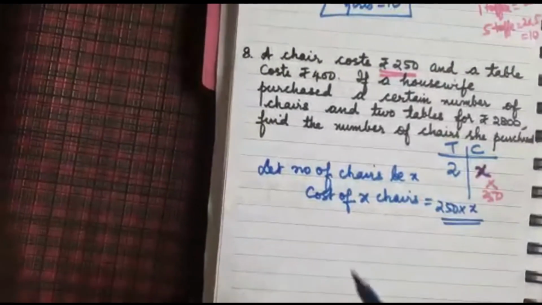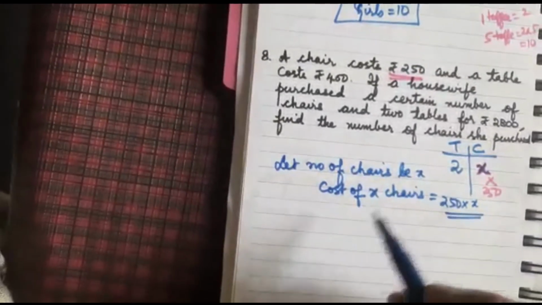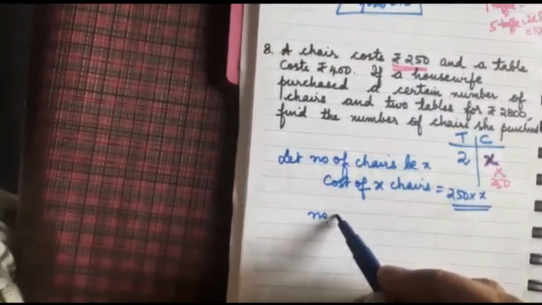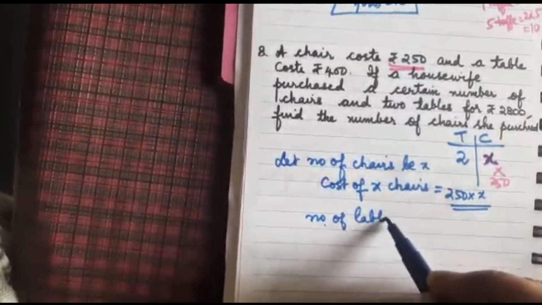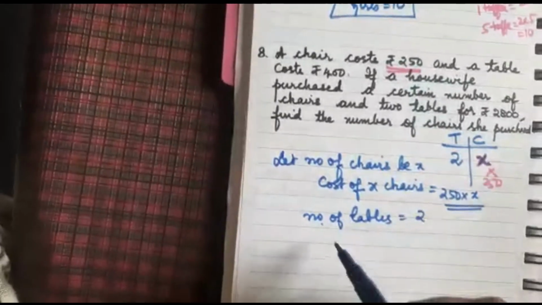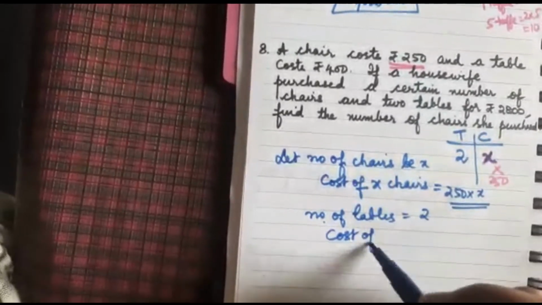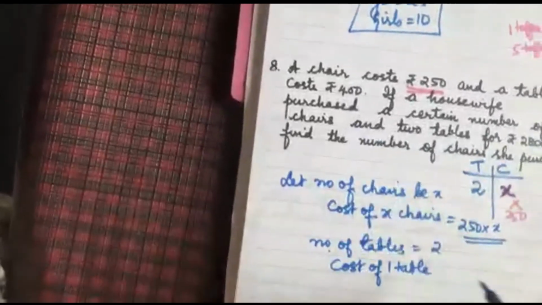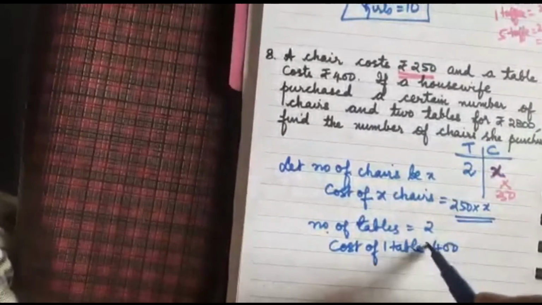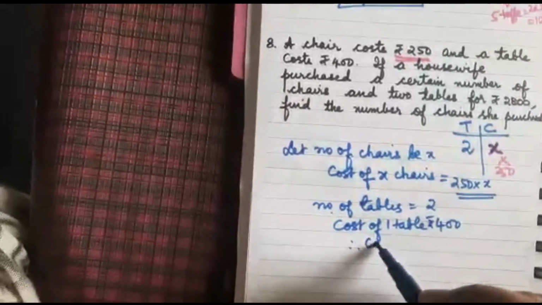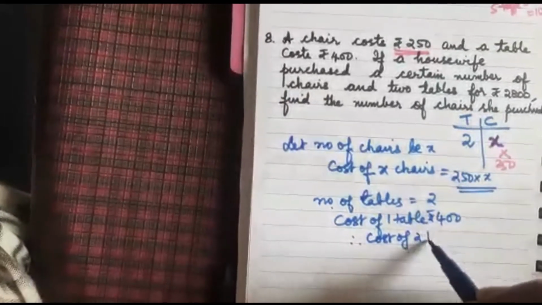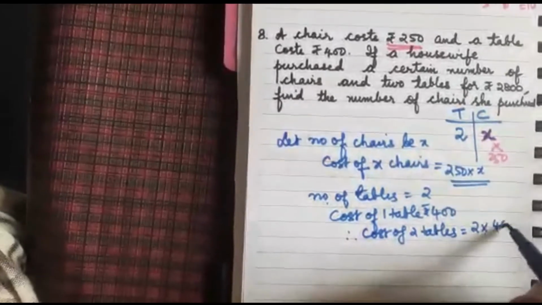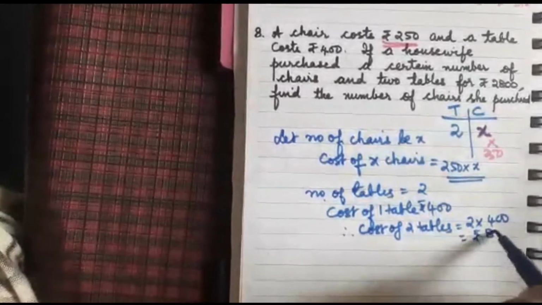That means rupees. And how many tables? The number of tables equals 2. The cost of one table, how much is it? 400 rupees. Therefore the cost of 2 tables equals 2 into 400, that is 800 rupees.